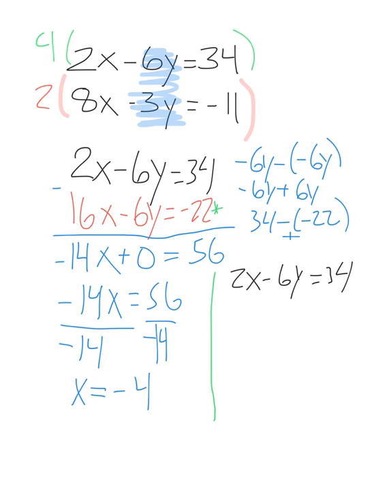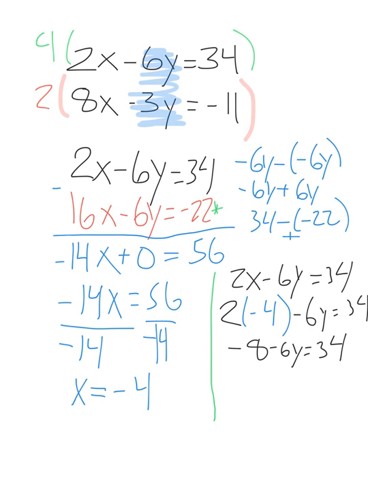We're going to take that x value and plug it in. 2 times negative 4 minus 6y equals 34. 2 times negative 4 would leave us with negative 8 minus 6y equals positive 34. We're going to add 8 to each side, so now we're just isolating y.